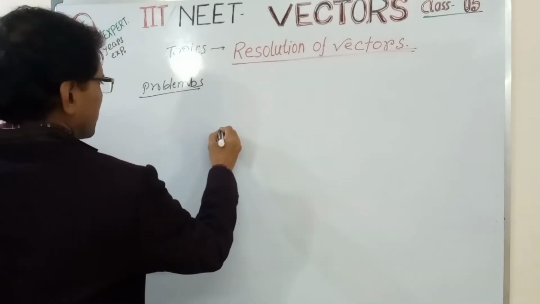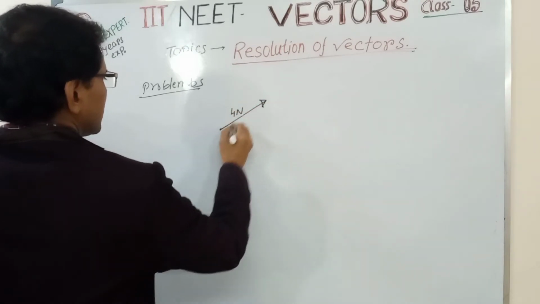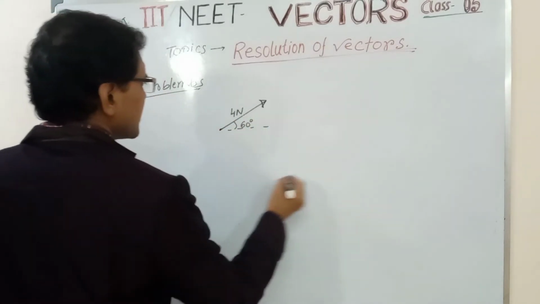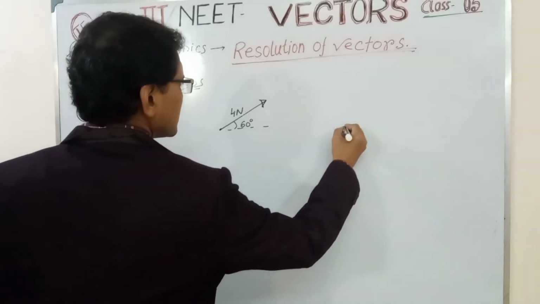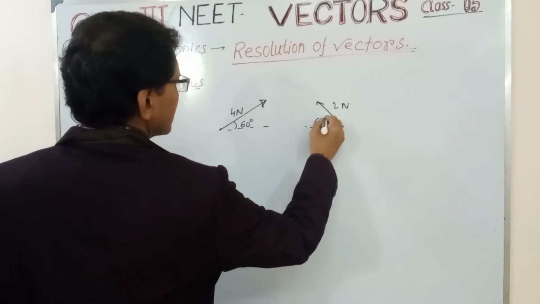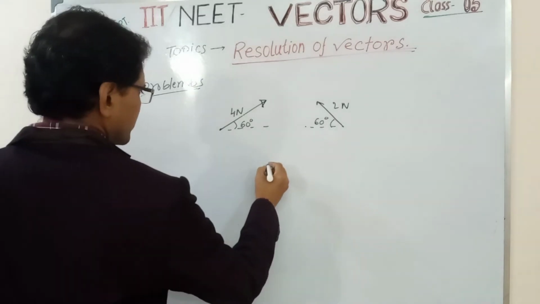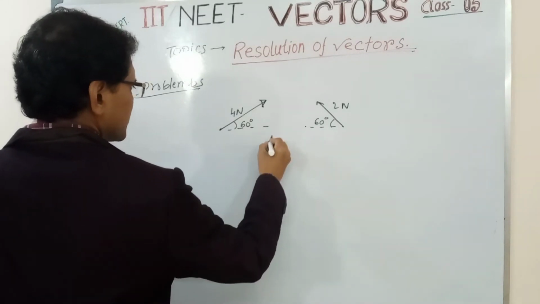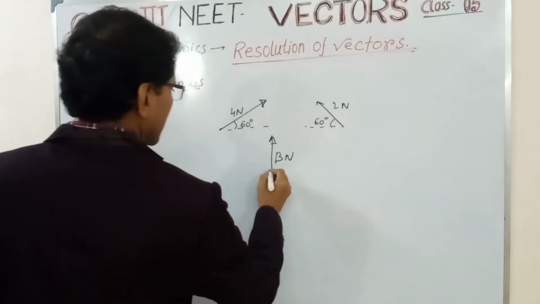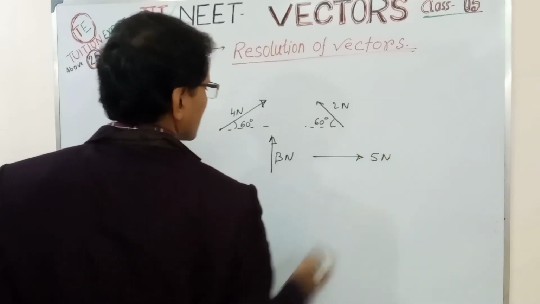This is very important. Suppose this is a vector of 4 Newton, it makes 60 degree with the horizontal, and another vector is 2 Newton, makes an angle 60 degree with the horizontal along this direction, and another vector along vertical, another vector along horizontal.